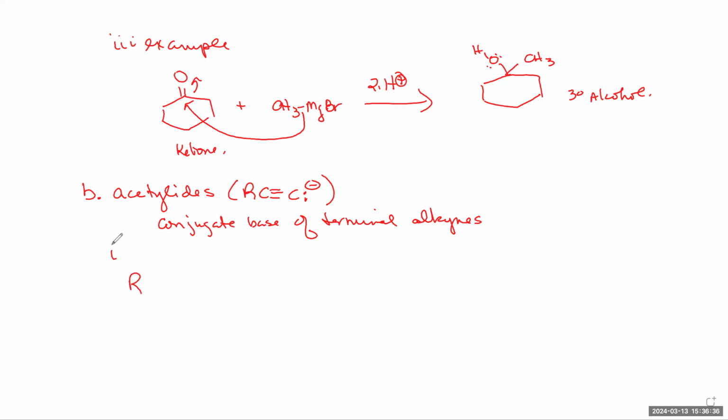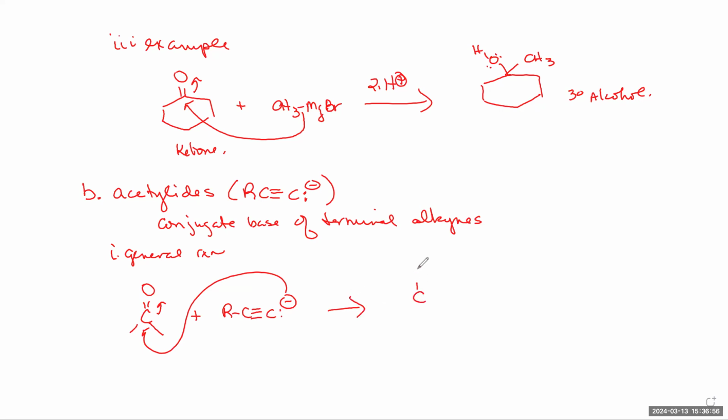And so our general reaction would be, oops, let's get rid of that. Our general reaction would be if we started with a carbonyl and we react it with an acetylide, we'd get to this.